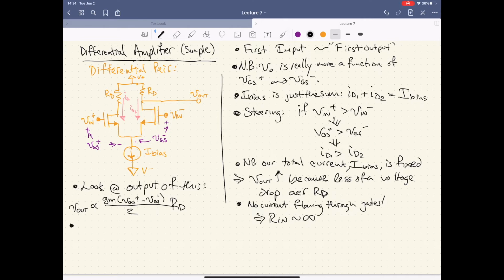If we take our V out now, we can actually calculate our gain. And this is the big theme of the day, is gain. I mean, it is an operational amplifier, right? So that's all we really care about at the end. So AD is going to end up being proportionate to GM over 2 RD, which we can rewrite as K I bias over 2 RD, all that good stuff.